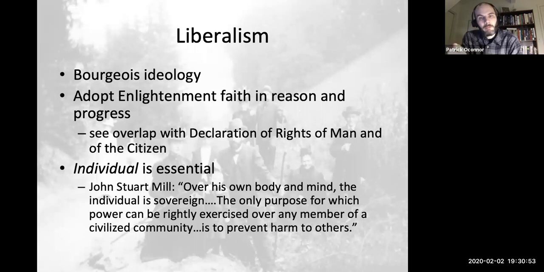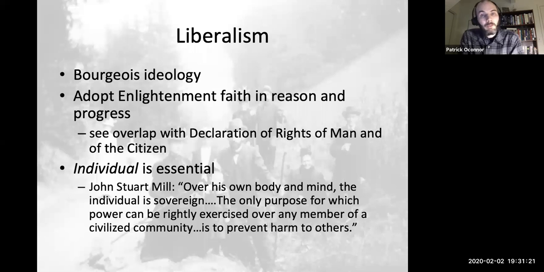The only purpose for which power can be rightly exercised over any member of a civilized community is to prevent harm to others." That's sort of a fancy way of saying something that a lot of people would say today as well, right? An individual's rights extend only so far as they can go without limiting the rights of another individual. Okay.